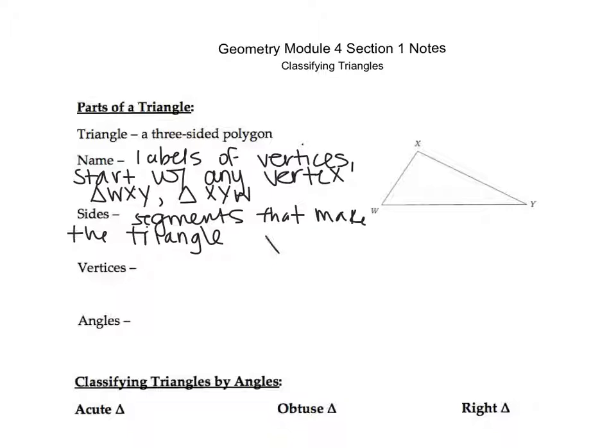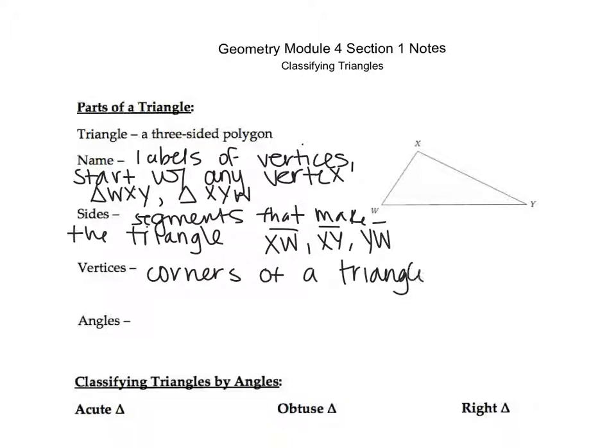In this case, that's going to be XW, XY, and YW. Next, we have the vertices, which are the corners of a triangle. And our vertices in this case are W, X, and Y.